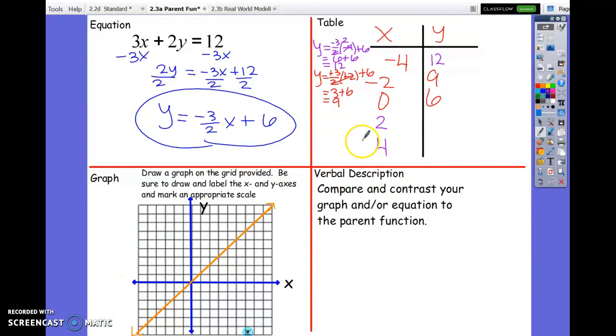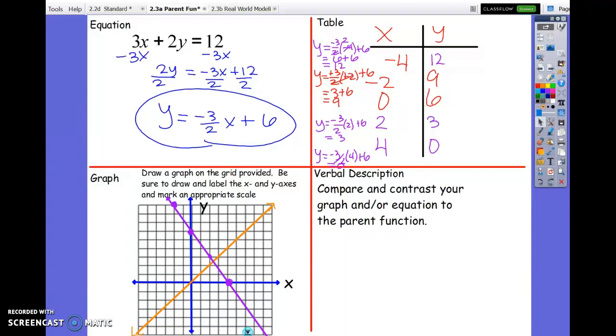So let's go ahead and figure out when x is 2 and when x is 4, what's y? Now when we're graphing, we actually have two choices. We could graph all of our points in this table, or we could use our y-intercept and our slope like we've been doing. It's really your personal choice. I'm actually going to graph the points on my table.